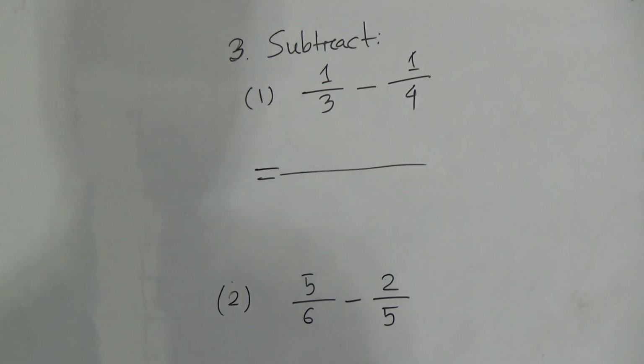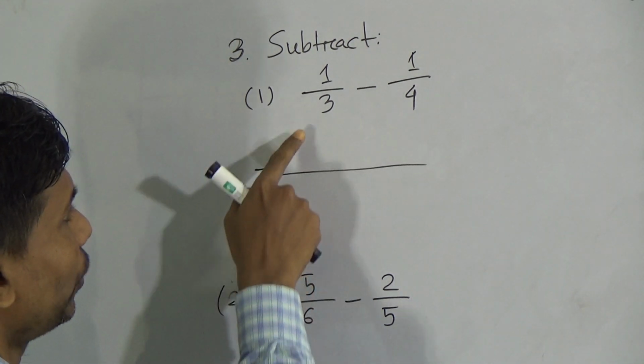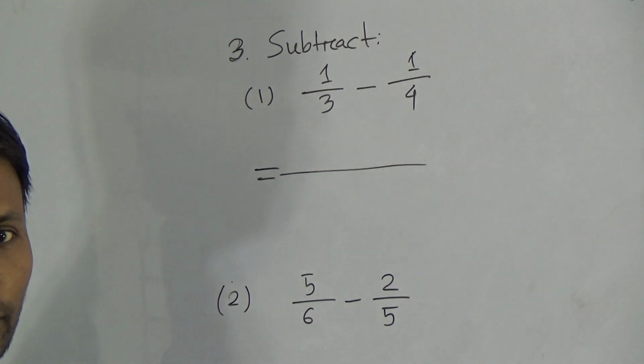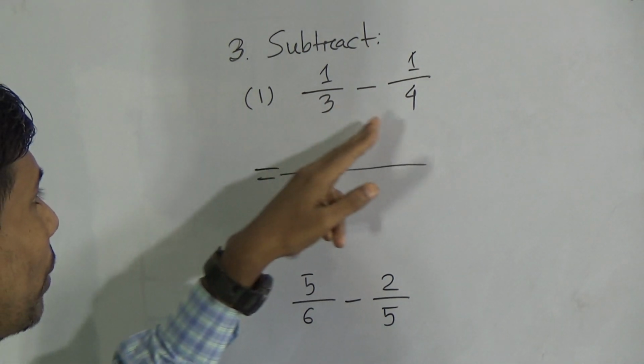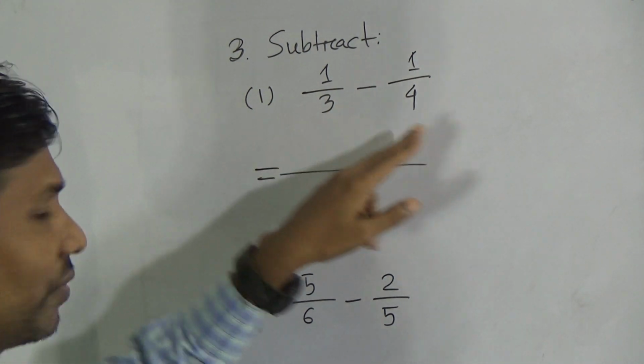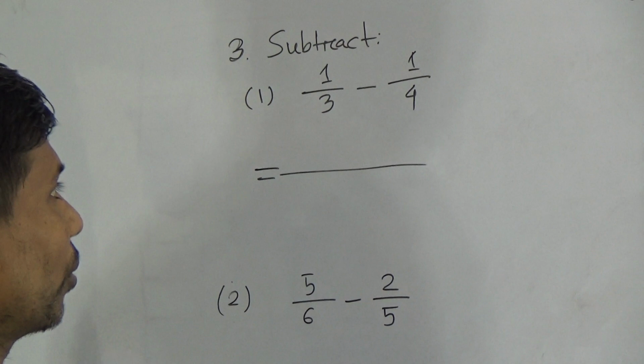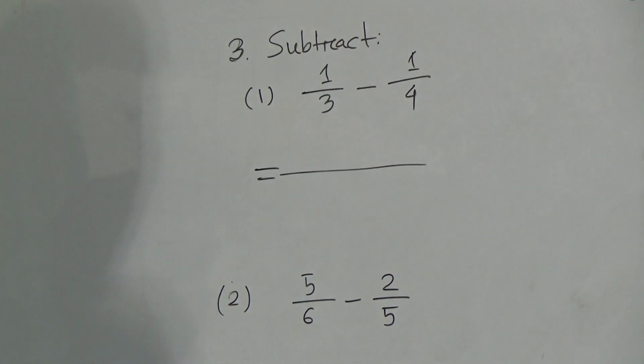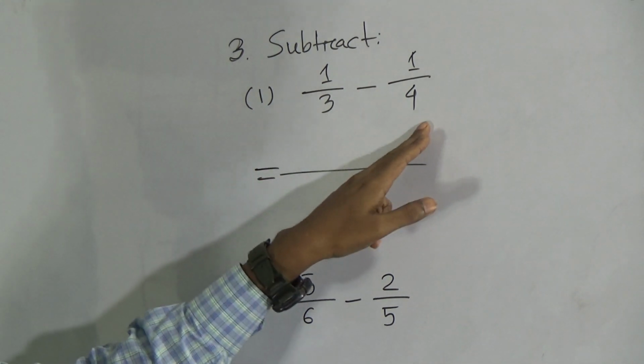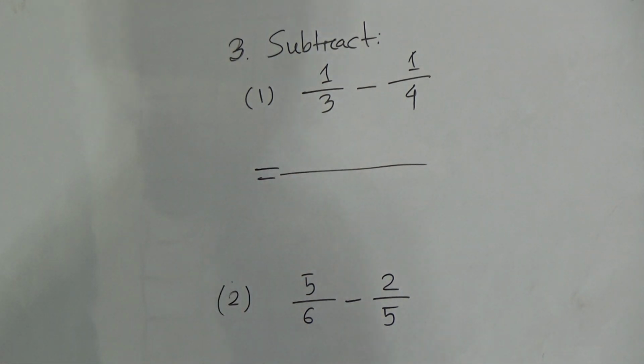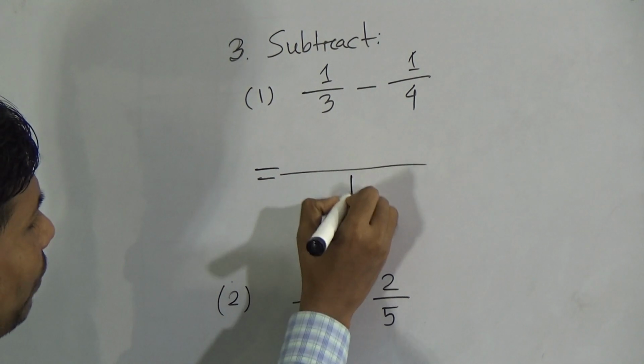Between 3 and 4 there is no common prime number or common factor. So what is the LCM? 3 fours are 12. So the LCM is 12.